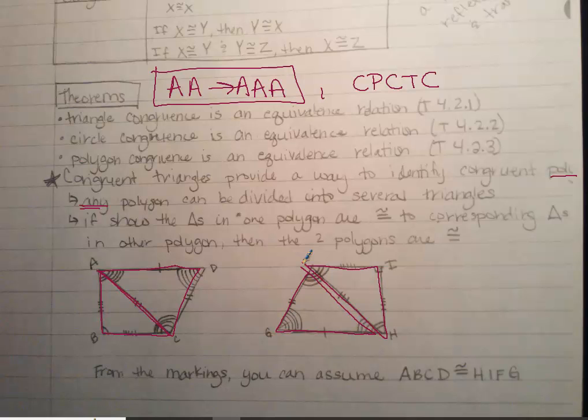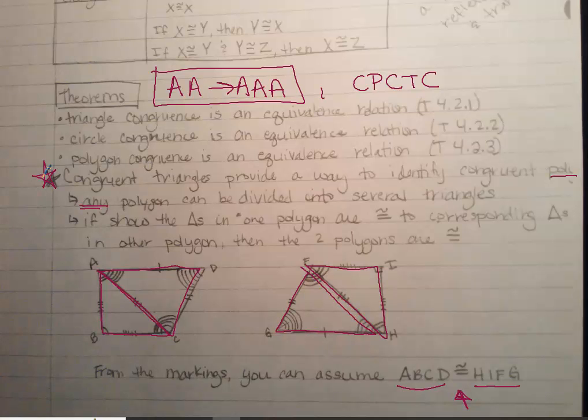So even though they don't look it necessarily, from the markings you can assume that polygon ABCD is congruent to polygon HIFG. But this is super cool. If we can break up a polygon into triangles and prove the triangles are congruent, then we can prove the polygons are congruent. So pretty awesome stuff.